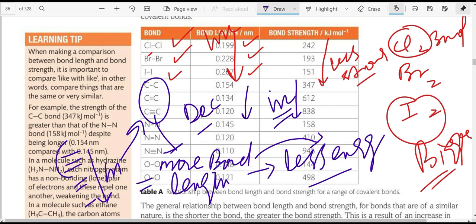Reverse, triple bond, yeah. So the amount of energy needed is basically less when you are moving towards the more bond length. So single bond is having more bond length as compared to double bond and as compared to triple bond. But when you go from single to double to triple, the bond length is decreasing and the amount of energy will be increasing actually.